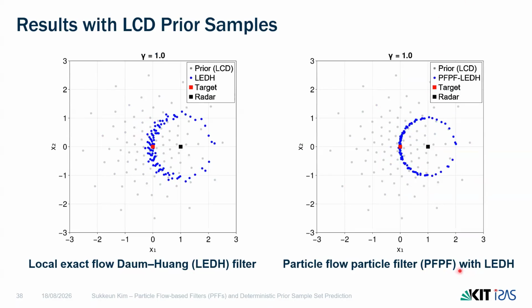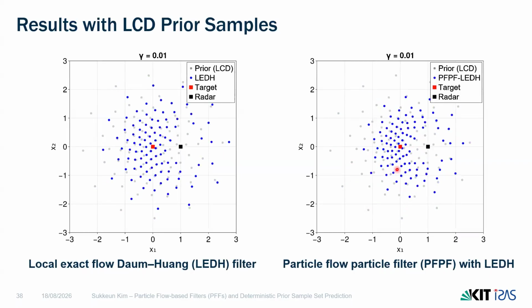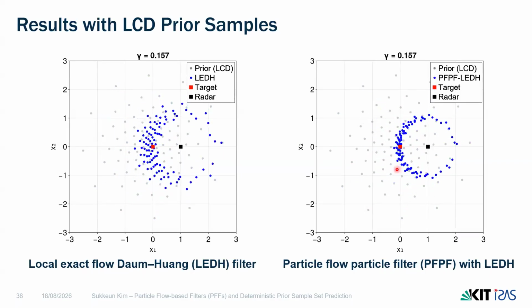And the PF, which uses another importance weighting after this flow, actually looks good, but it's not really nice because it doesn't contain the proper uncertainty, so it's overconfident. That's the problem. So Newton flow works okay. EDH didn't really work. Local EDH works okay. PF was just overconfident.